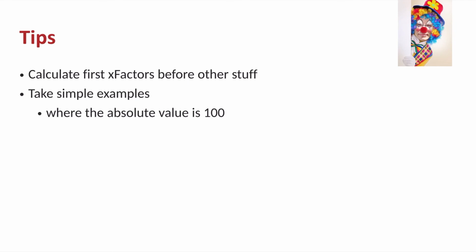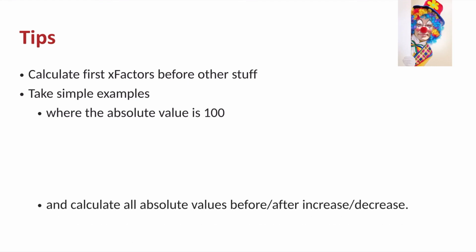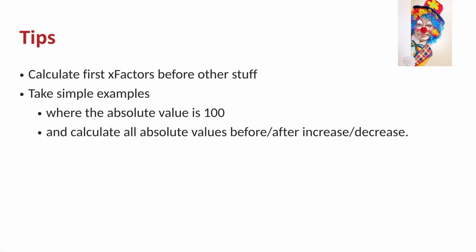We did it in some examples, for example, with the all-time high here, which has been assumed to be $100 or 100 euro. And calculate all absolute values before increase, before decrease, after increase. For all things which are happening, calculate the absolute values such that you have a good overview here.